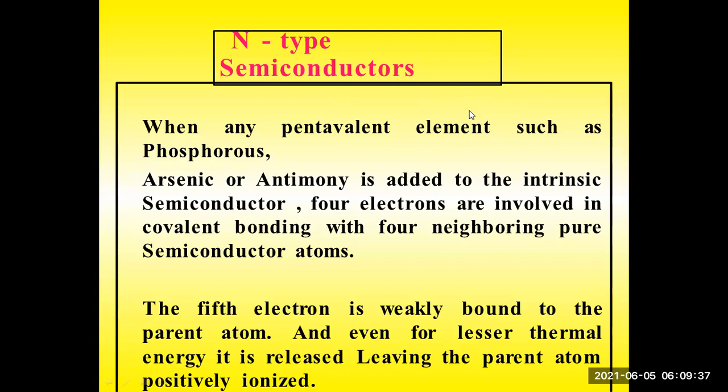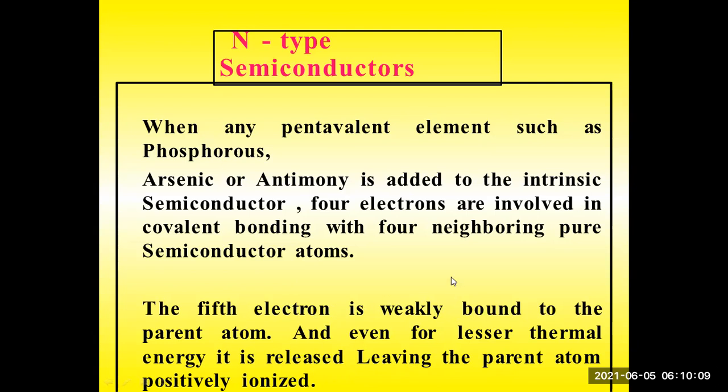So when any pentavalent element such as phosphorus, arsenic, or antimony is added to the intrinsic semiconductor, covalent bonds are formed between 4 electrons and the silicon or germanium atoms. The 5th electron is loosely bound to the parent atom, and even with lesser thermal energy it is released, leaving the parent atom positively charged.